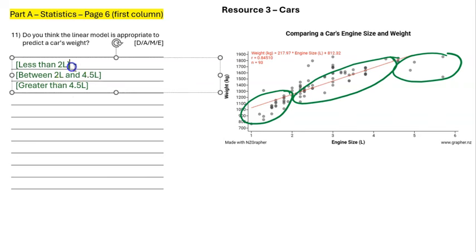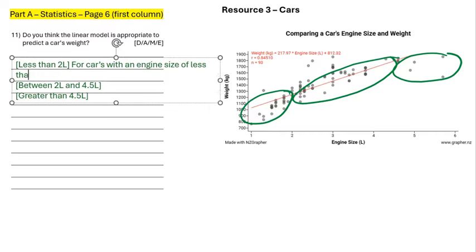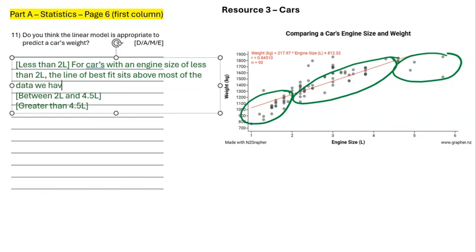To help with this question, I've got the mouse here, and I'm just going to type up my responses because it's easier to do the fully worded ones typed up. We're going to first start by talking about the less than 2 liter discussion. For cars with an engine size of less than 2 liters, the line of best fit sits above most of the data we have.